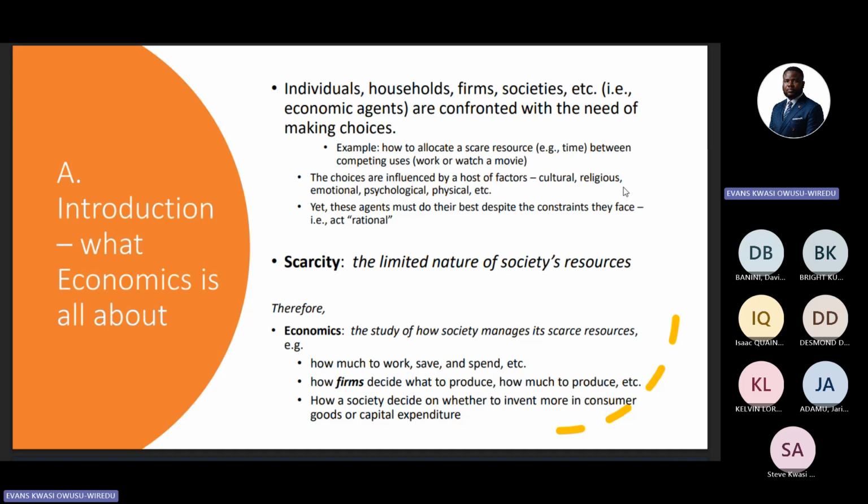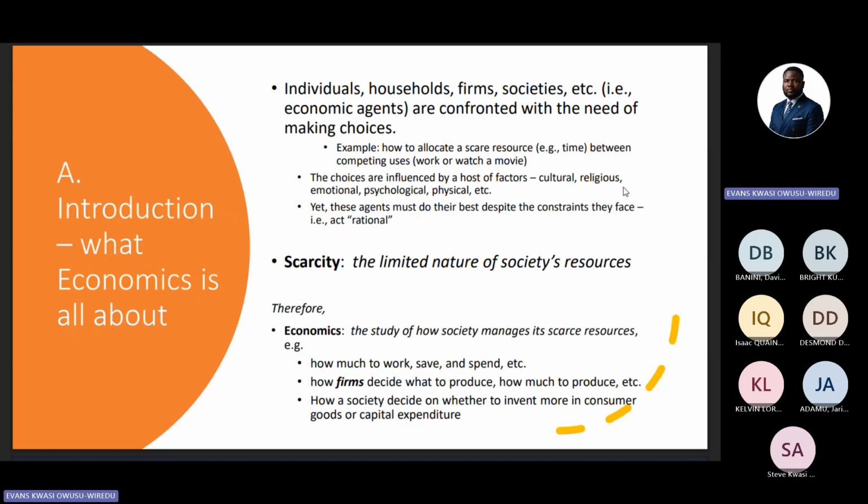Okay, in economics, we call them what? Economic agents, the people. And so let's say in Ghana, for instance, these are what? Individuals or your household, you and your family deciding what to cook for dinner. You get it? When it comes to individuals, they are grouping the economic agents, those people who make the choices.